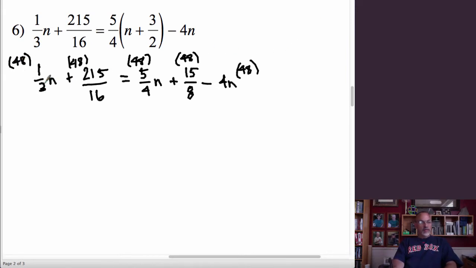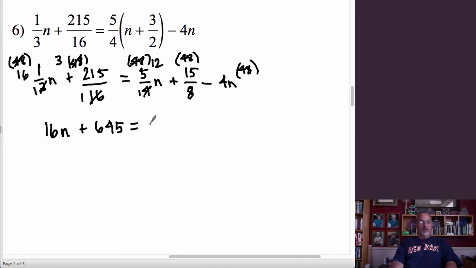So the 3 is divisible by 3 and 48 is divisible by 3, leaving me 16 times 1, which is 16n. The 16 is divisible by 16, the 48 is divisible by 16, leaving me 3. So 3 times 215 is going to be 645. And then 4 goes into 4 once, and 4 goes into 48 12 times.